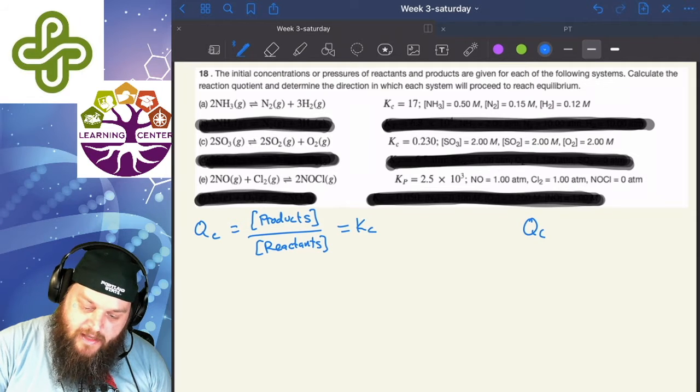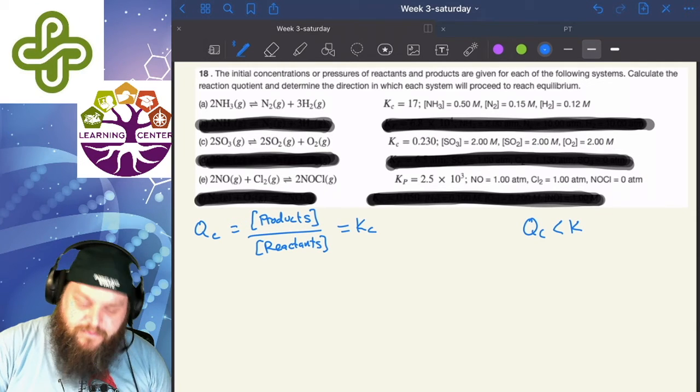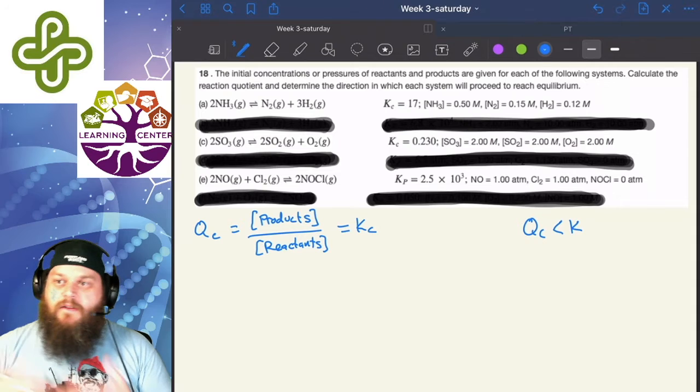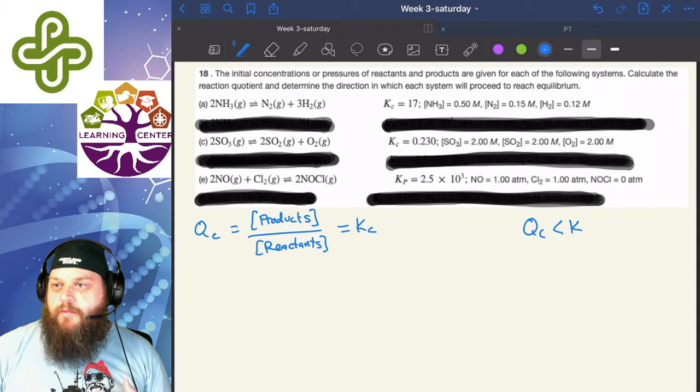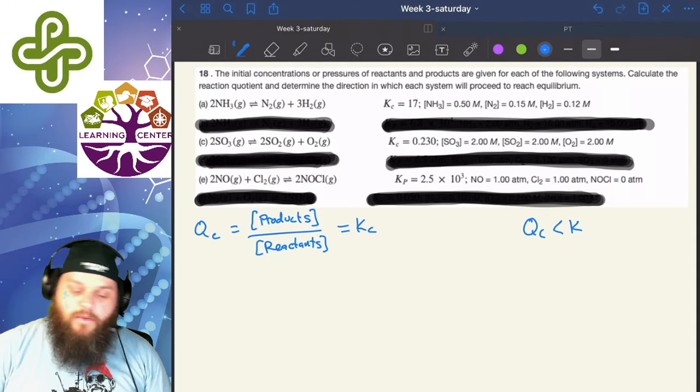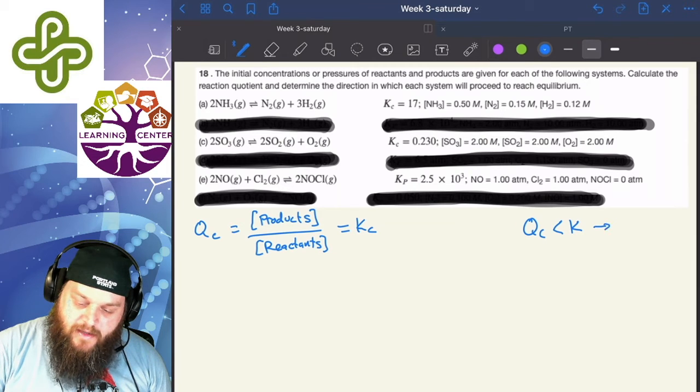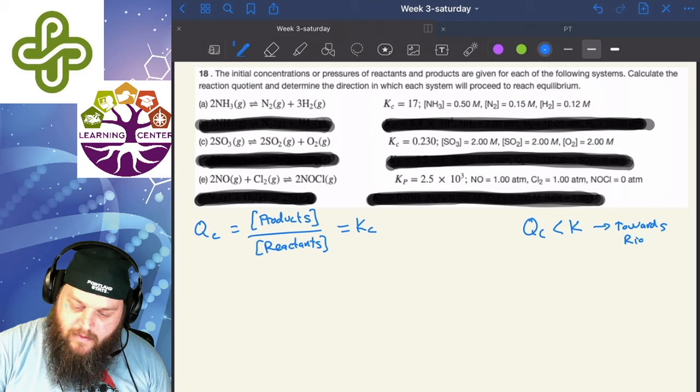If Qc is less than K, the reaction is still moving to the right. We have more reactants than products, and we haven't reached the equilibrium point. So I'll just say it moves towards the right.